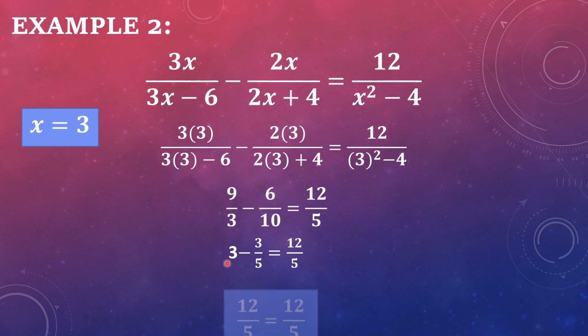How did we get 12 over 5? 3 times 5 is 15, minus 3 is 12. So 12 over 5 is equal to 12 over 5. Which means then that the value of x, which is equal to 3, is the solution for the equation 3x over 3x minus 6 minus 2x over 2x plus 4, which is equal to 12 over x squared minus 4.